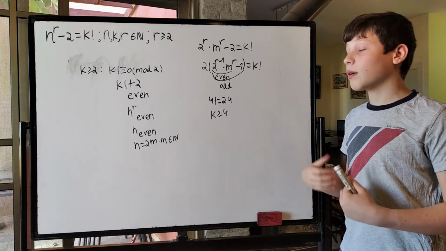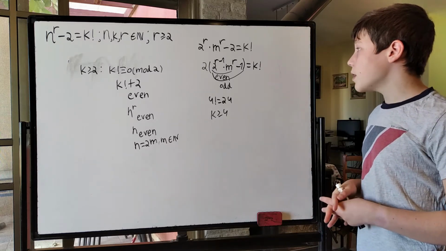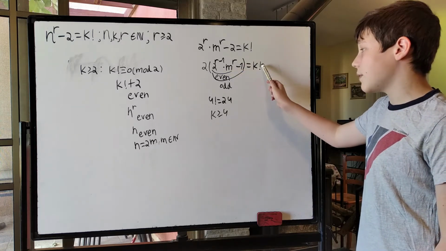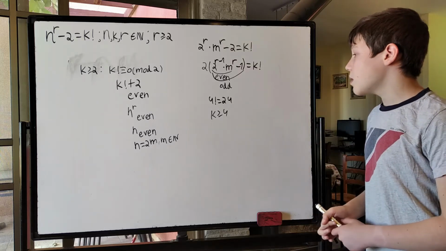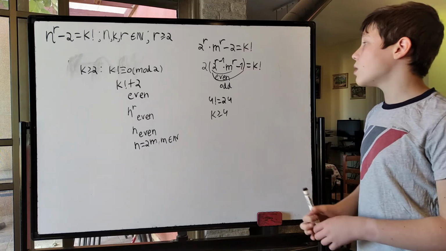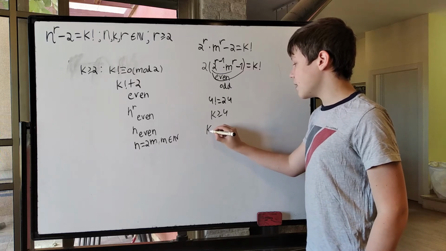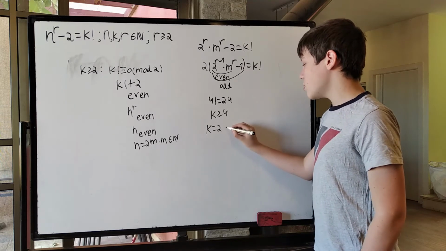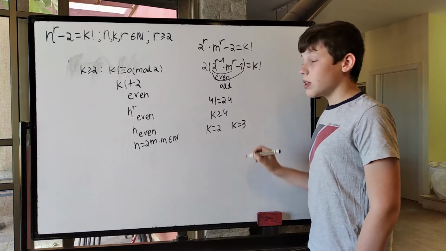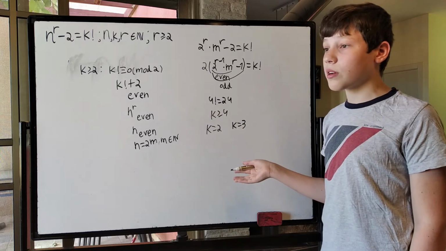If k factorial were to be divisible by 4, we would divide by 2 and get something odd that is also even, and that's impossible. So k is not at least 4. We showed that k isn't 1, just from looking at that special case. So k is 2, or k is equal to 3. So now let's clear the board and then quickly look over those two cases.